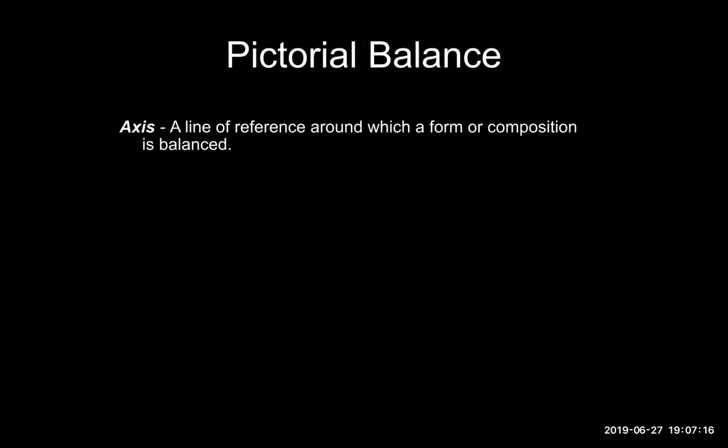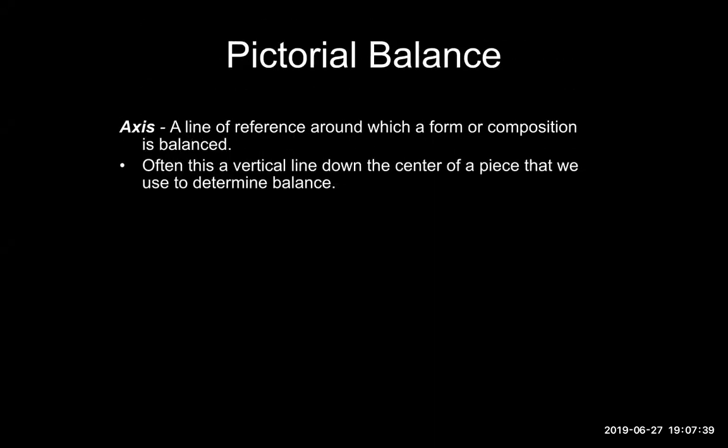When we talk about balance, we can think of pictorial balance. And we, as humans, always assume that there's a center vertical axis, and then we expect to see some kind of equal weight on either side of that vertical axis.